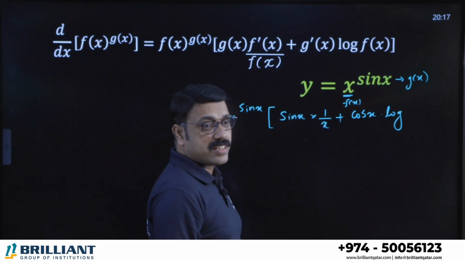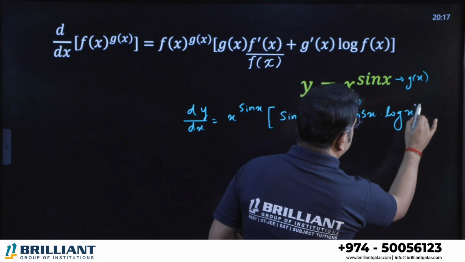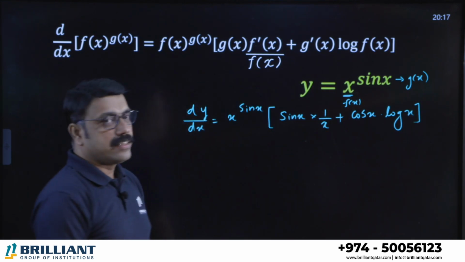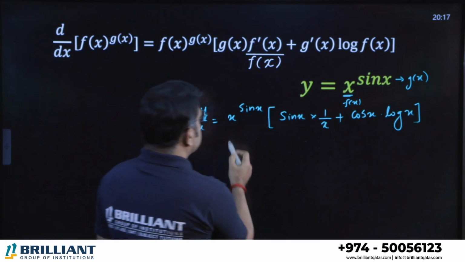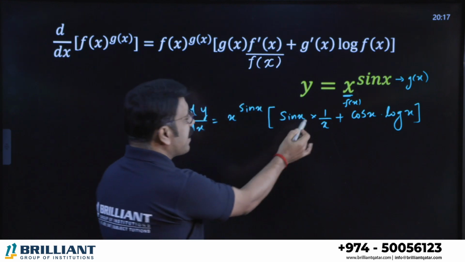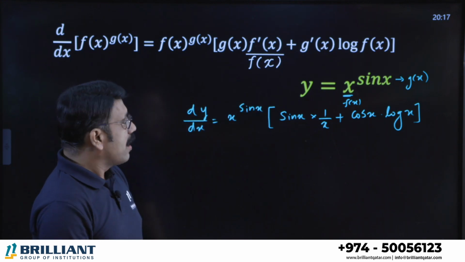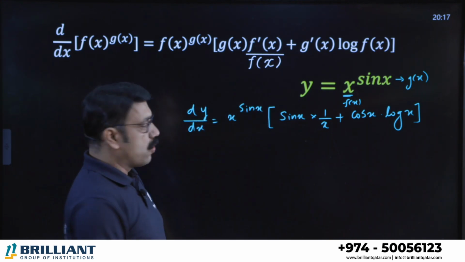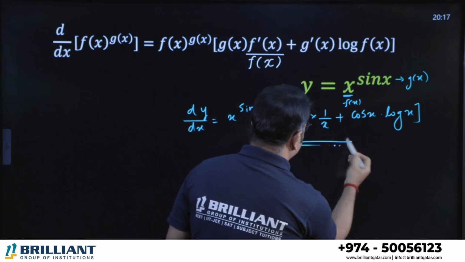What is f of x? x, then log x. In the first step, you got the answer. That means x power sin x into sin x by x, you can rearrange, plus cos x into log x. That is the answer.